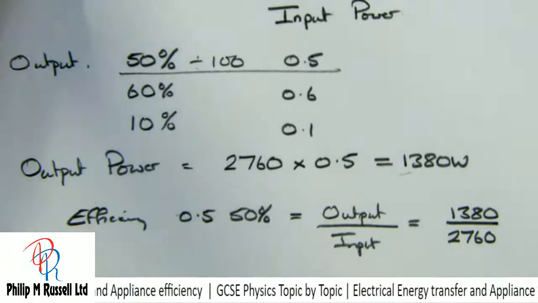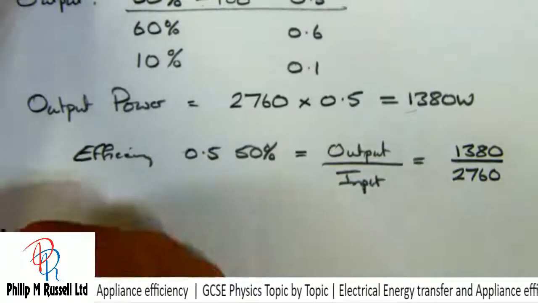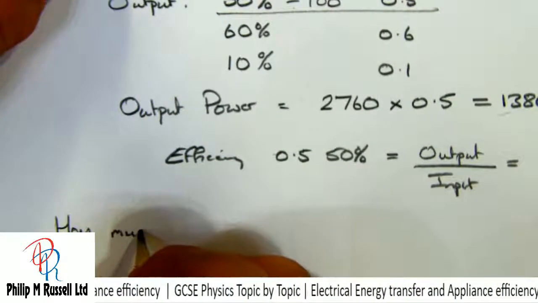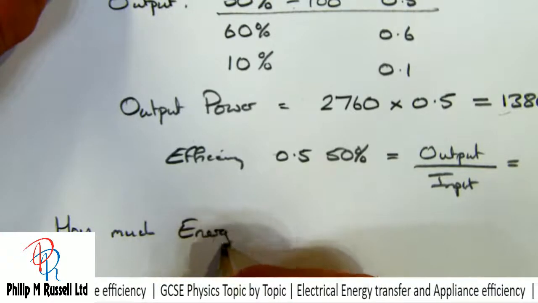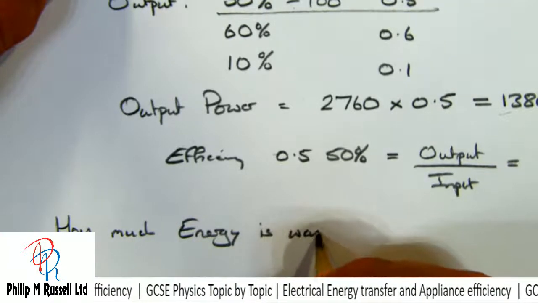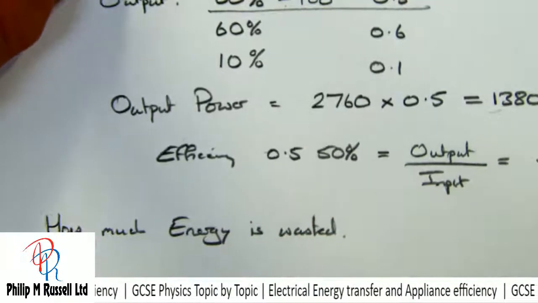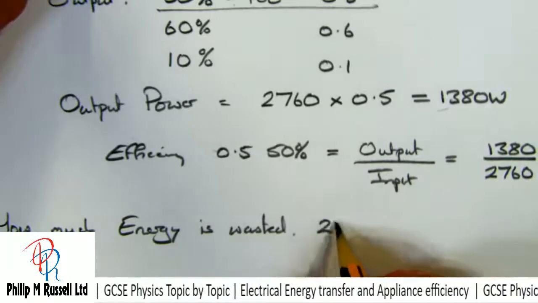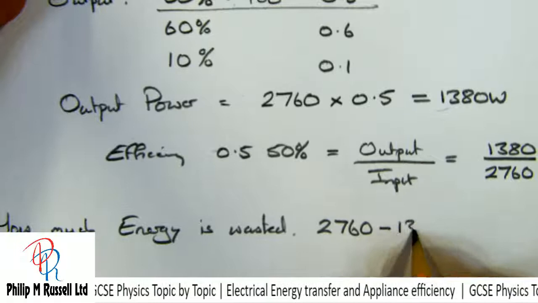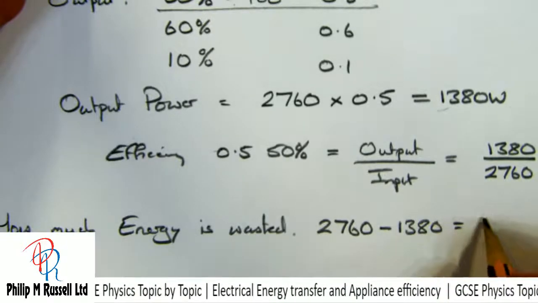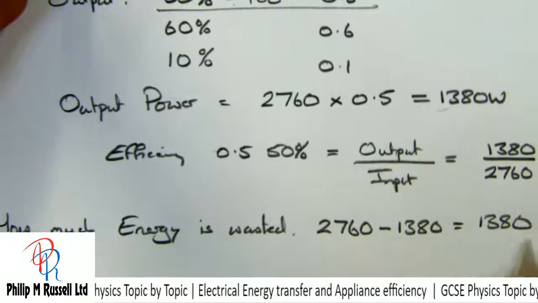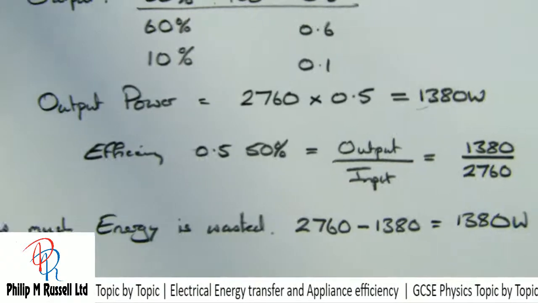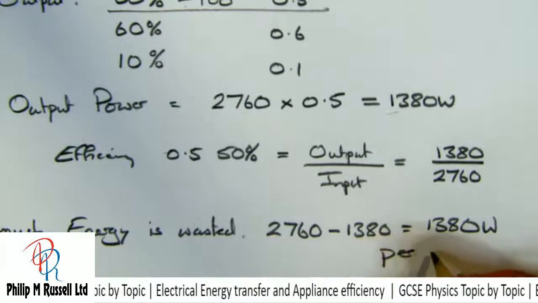Now, how much energy is wasted? If we try and calculate how much energy is wasted, it's going to be 2,760 minus 1380, and we know it was a half, so it's going to give us 1380 watts of energy wasted here per second.